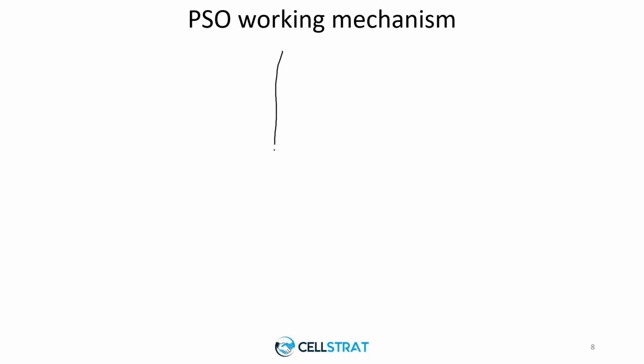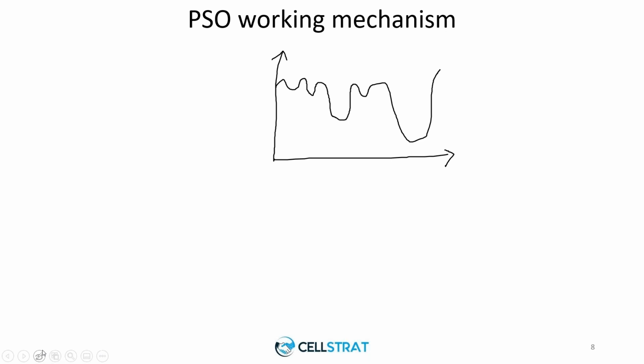Let's go back to the landscape problem. Let's assume you have some landscape like this, and you are asked to explore the landscape to find the deepest point in it. The only difference here with respect to gradient descent is that you will not be alone.